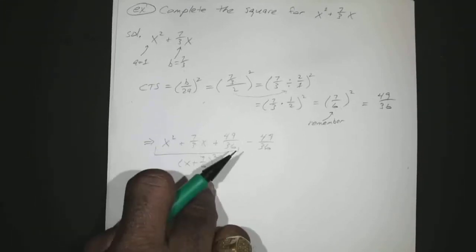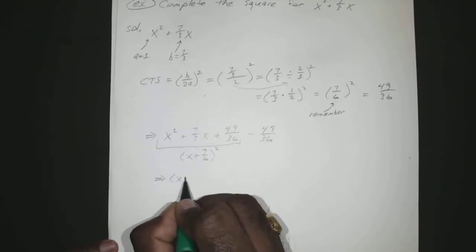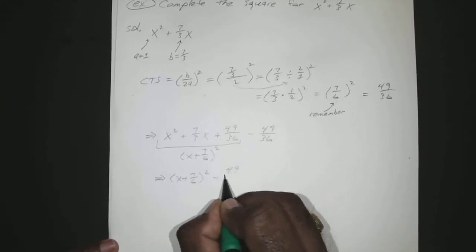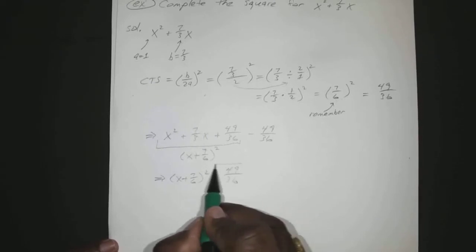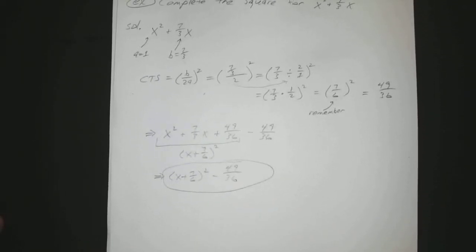All right, so for this one, it ends up being x plus 7 over 6 squared minus 49 over 36. Like I said, I have to double check, but for some of them, when they say completing the square, they may just want you to put that, but they'll usually let you know.